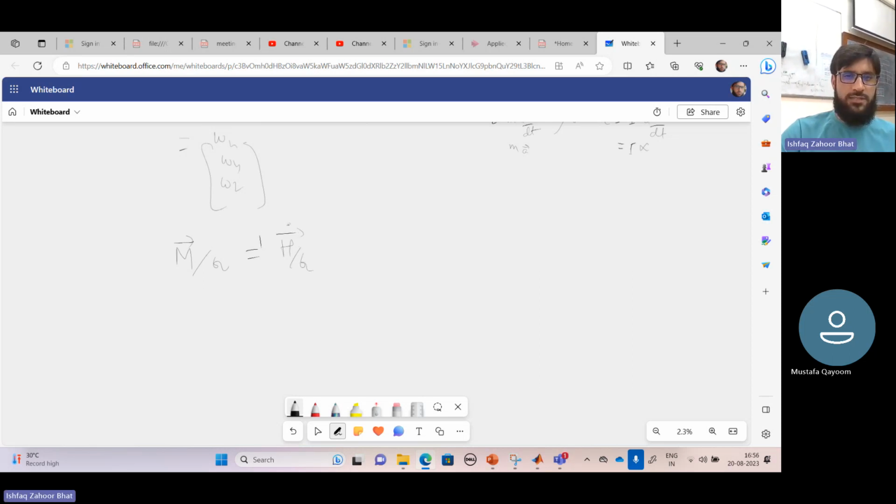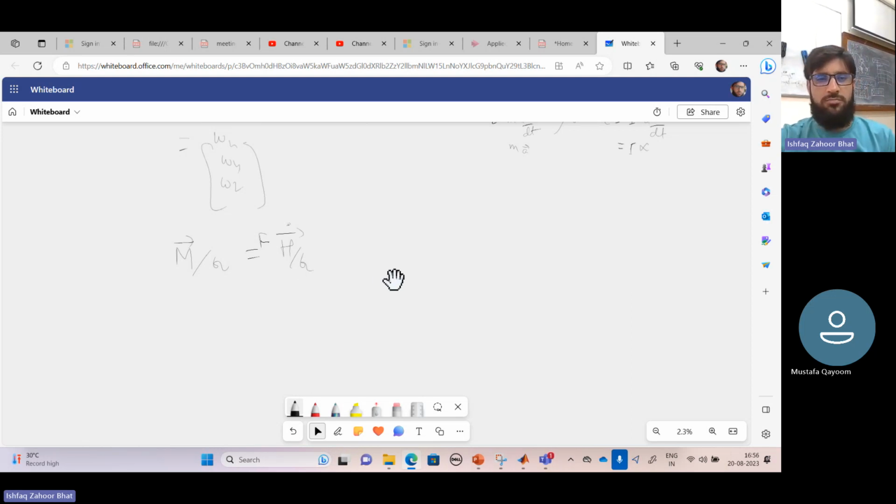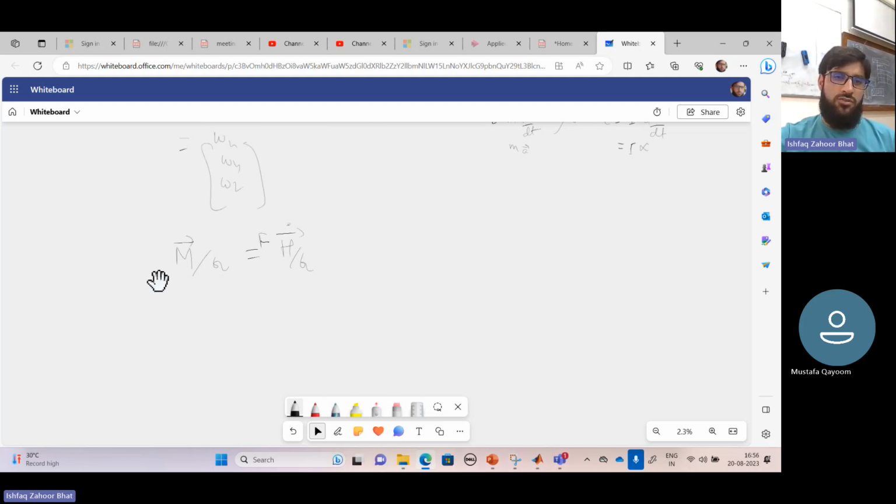But this is with respect to fixed frame. This H with respect to G is a vector. We can take its derivative in any frame we want, in the body frame or in the fixed frame. But when we are using this equation, we have to take the derivative in the fixed frame, the inertial frame.